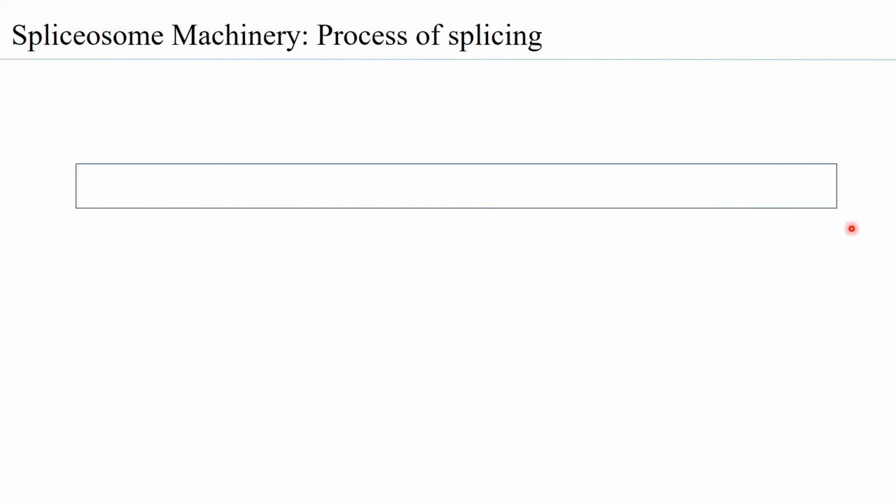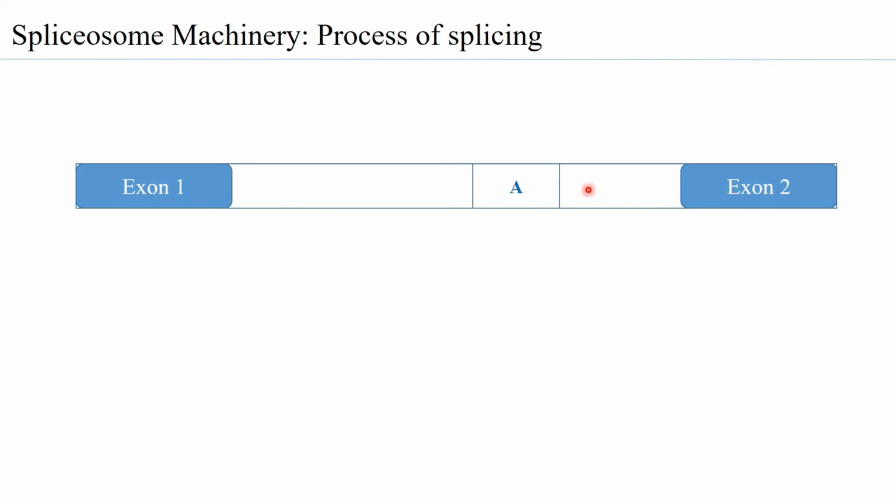So let's just look at the RNA primary transcript, the pre-mRNA basically. It has exon 1, it has exon 2, and of course this is the intron region with the branch point A, with the 5' splice site, with the polypyrimidine tract, and with the 3' splice site. So this is how the intron demarcates itself from exon 1 and exon 2.